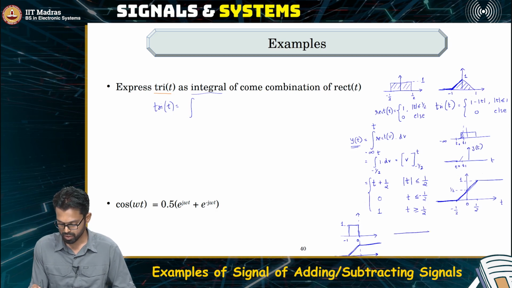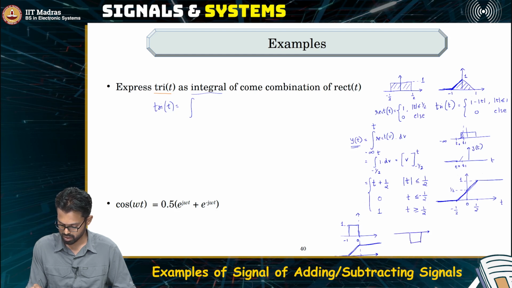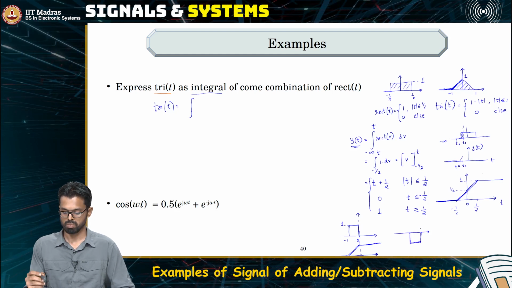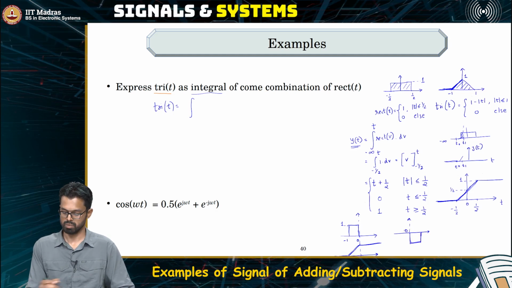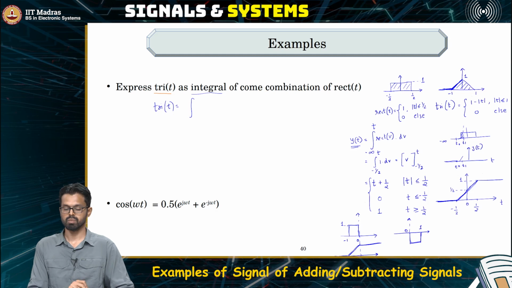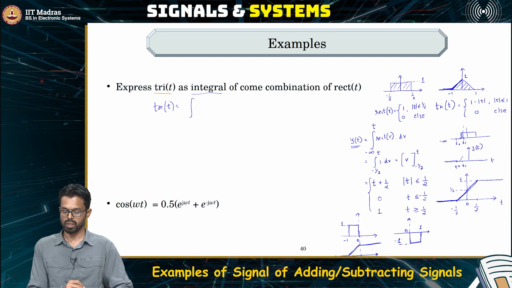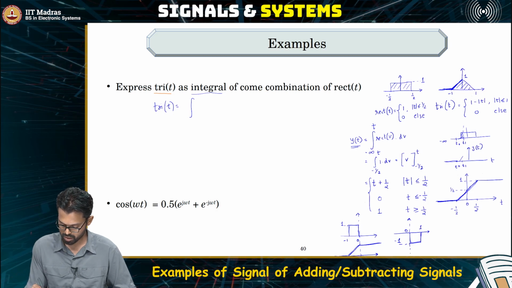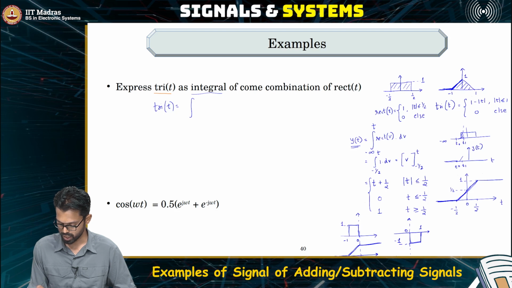Now, what if we take a rectangular function of this form, where it is starting at 0 and ending at 1, but its amplitude is minus 1? If you integrate this signal, what would you get?